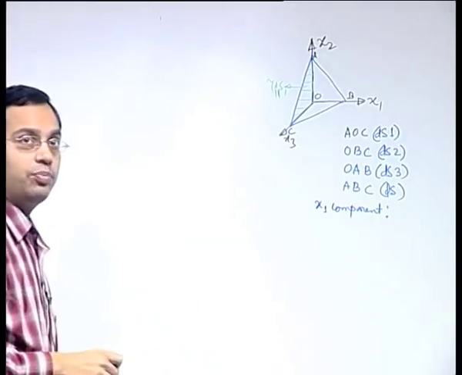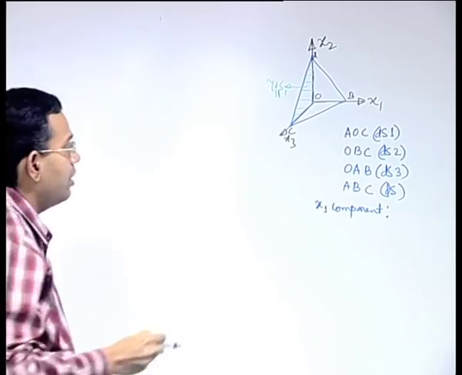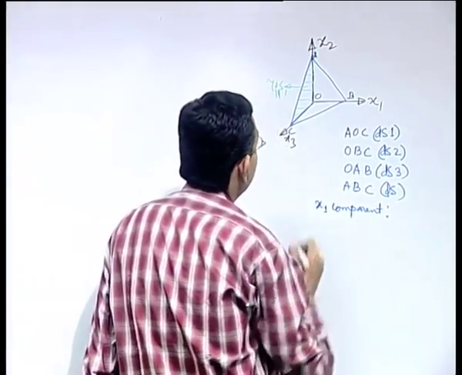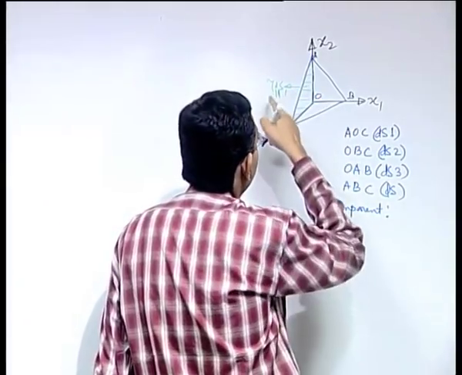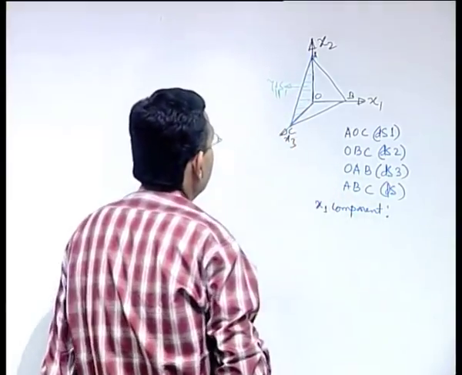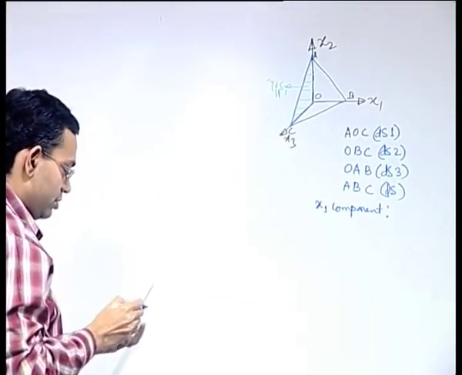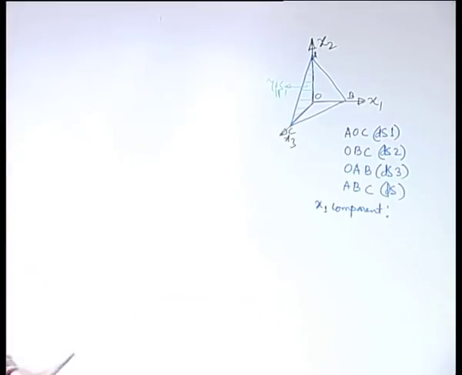So, the x1 component, you write on this surface tau 1 1 ds1.